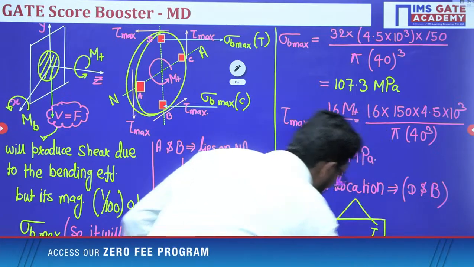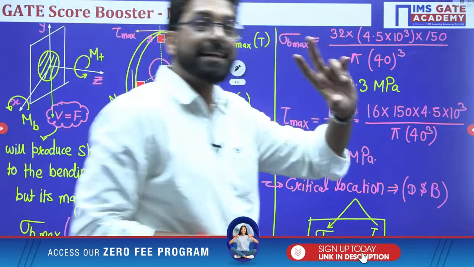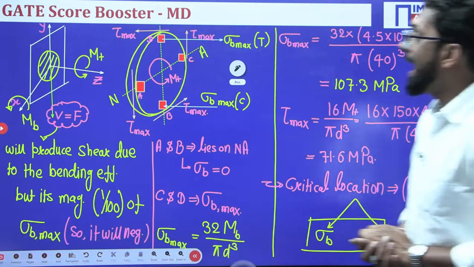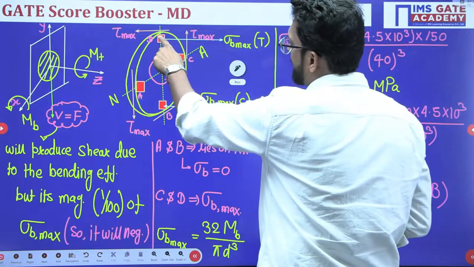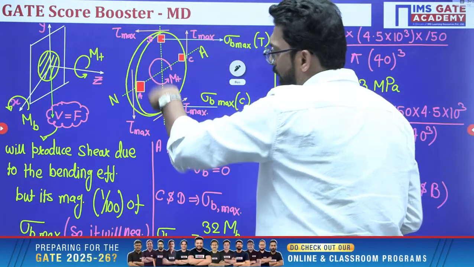Yes or no? Two stresses will act, bending stress and torsion stress. Now, if you take the state of stresses at points D and B, at point D there is a shear stress and a tensile or compressive bending stress, and at point A only the shear stress.